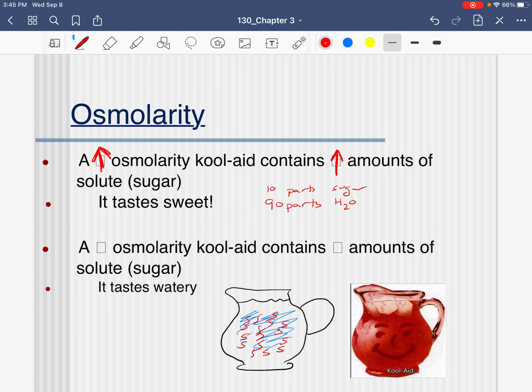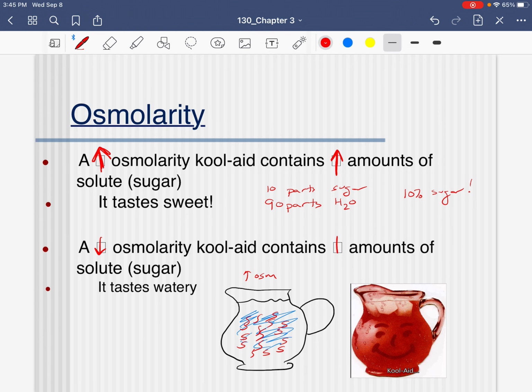What is the percentage of sugar? 10 out of 100 total parts. So it's 10% sugar. That's a lot, folks. If you think about it, that's a lot of sugar. But it tastes very sweet. So a high osmolarity solution has a lot of solute. And think of it tasting sweet.